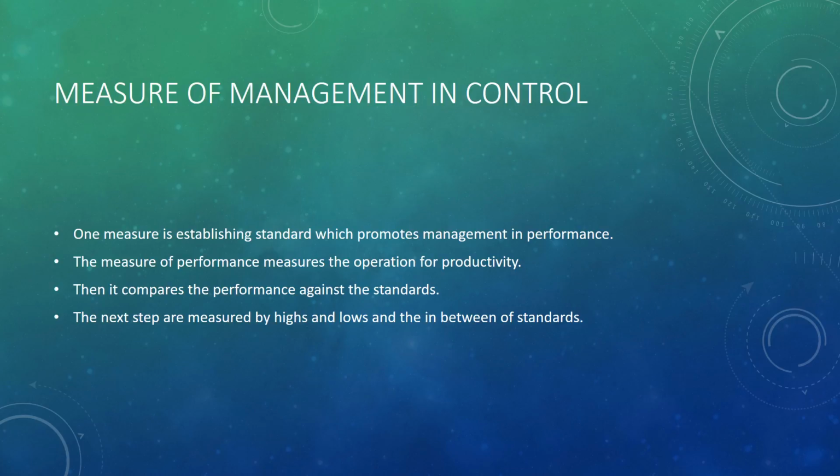If you don't have anything to go by, these standards are more or less industry-wide, so companies take their data and have something to compare to, to make sure their company is running at full speed and trying to do better. The next step measures the highs and lows and the in-between of standards.